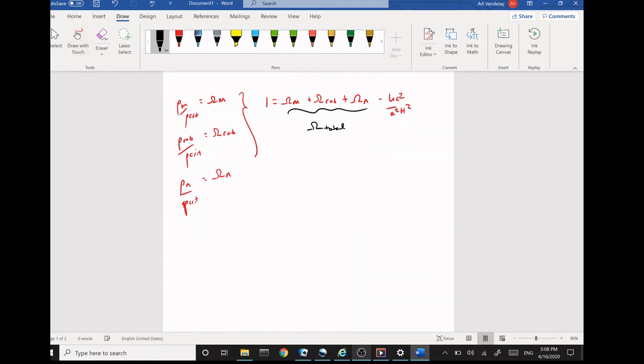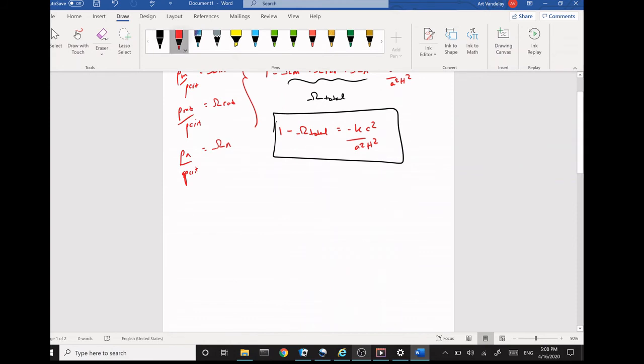Call that omega total. So that I have 1 minus omega total is equal to minus k c squared over a squared h squared. And this is really it. I said I wanted to rewrite the FRW equation in a way that's a little more convenient to determine the curvature of the universe, and this does exactly that.